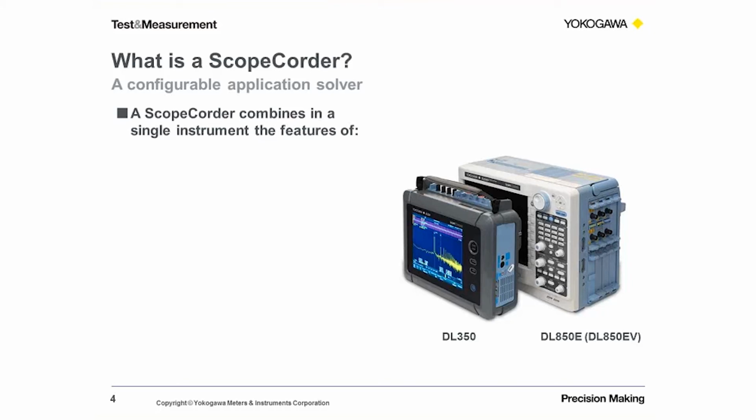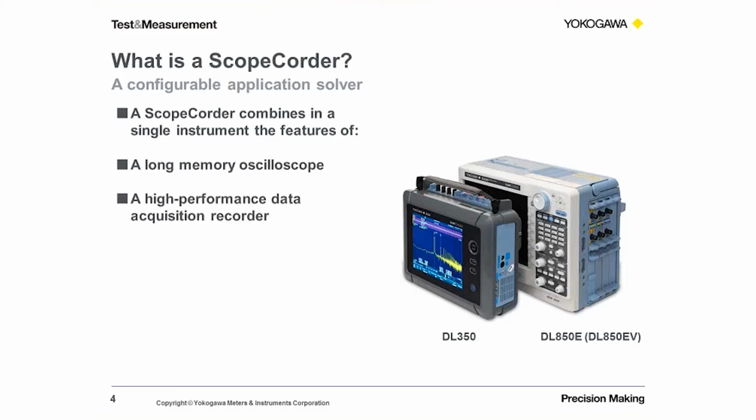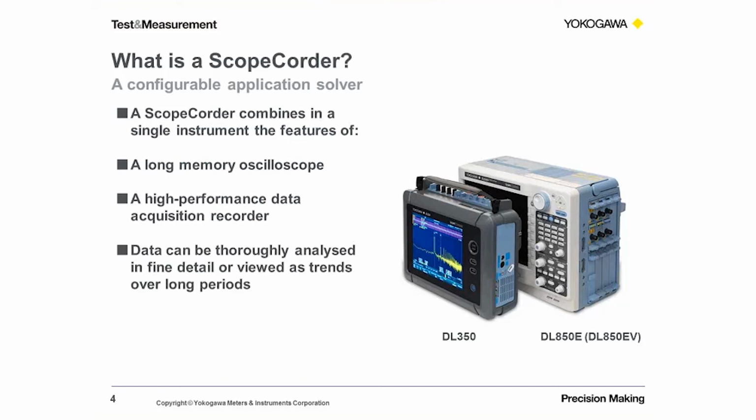The name ScopeCorder was created originally because it combines the features of an oscilloscope and a high-performance data acquisition recorder, and hence the name ScopeCorder. Of course, that is only a name. It doesn't describe what the instrument can actually do. We can use it for long periods of time.